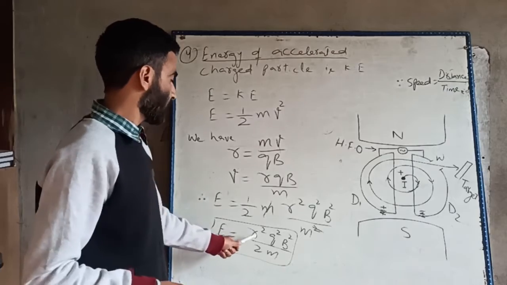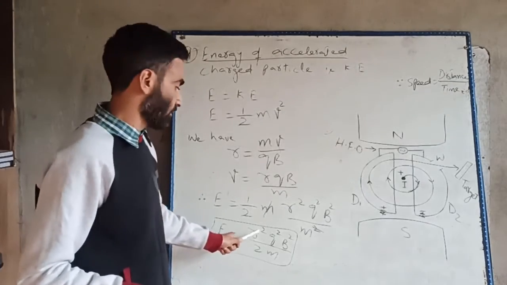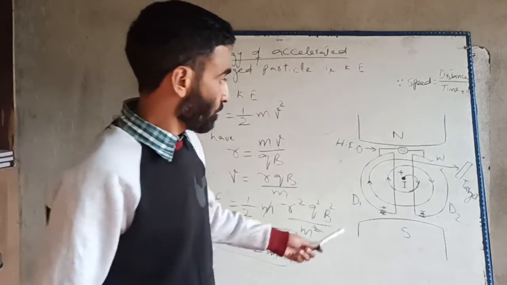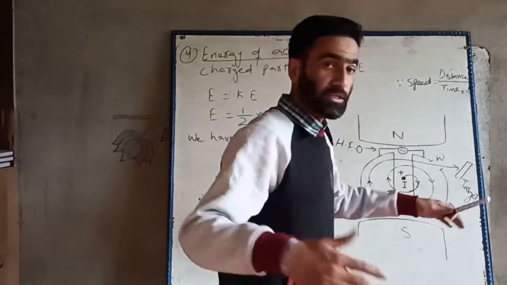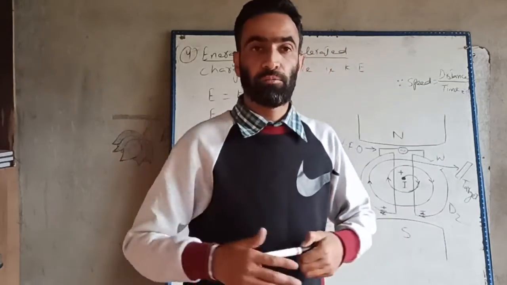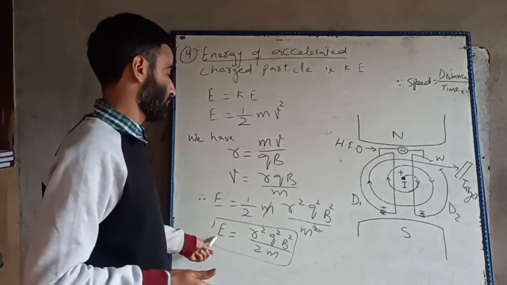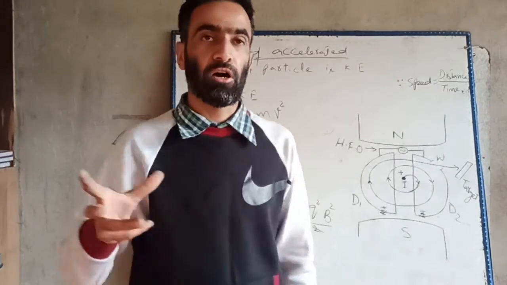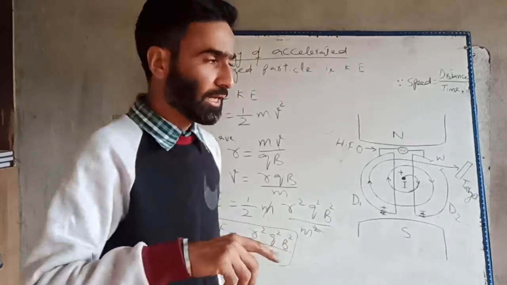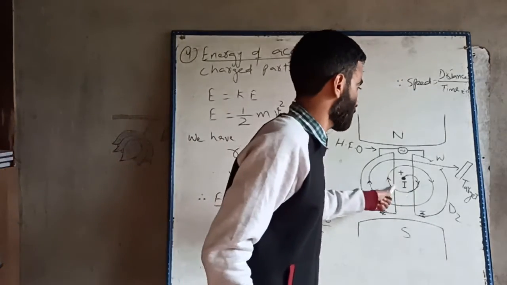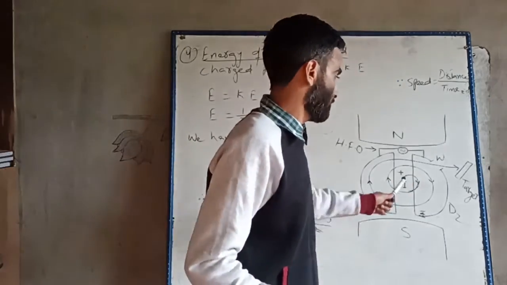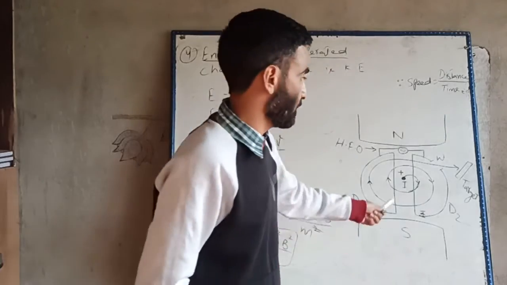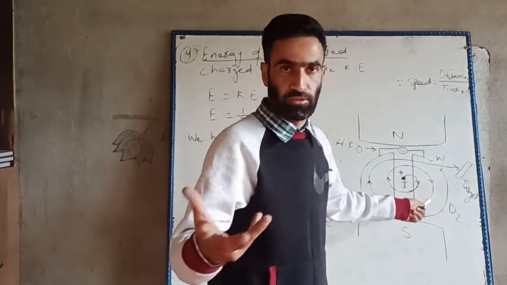Again, this energy is directly proportional to the square of the radius of the circular path. So, the higher the radius of this circular path, the higher will be the energy of this charged particle. So in order to get a very high speed, highly energetic charged particle, the radius of the circular path is to be increased, which is the important principle in this device.